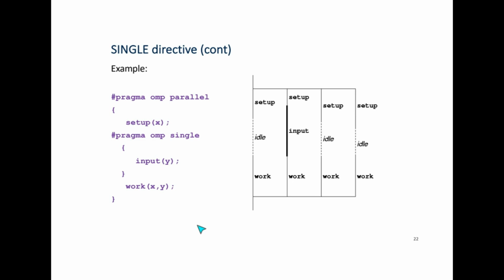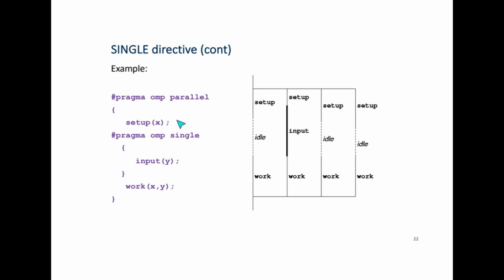So here's some rather sketchy code which gives you an illustration of a case where you might want to use single. Suppose we have a parallel region, and every thread executes this setup function on some data structure X. You can imagine here that X is maybe a pointer to some data structure, and all the threads are going to call setup on X and do something different depending on the thread number, or there's a loop inside there which is going to get shared out.